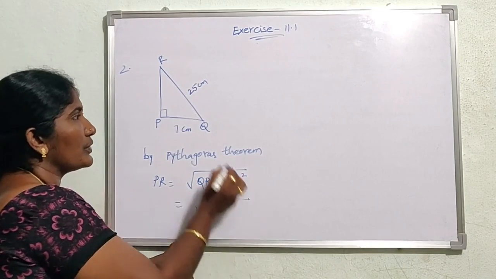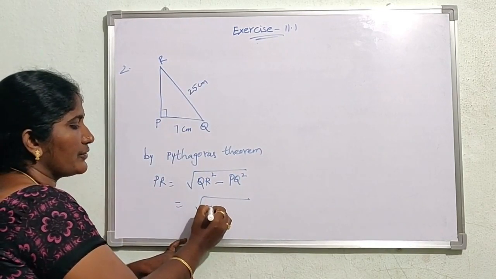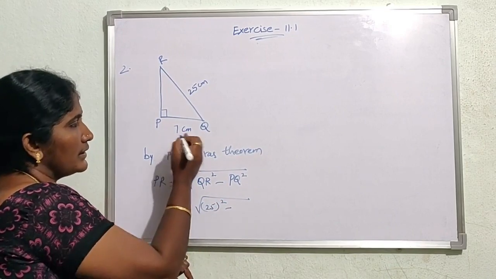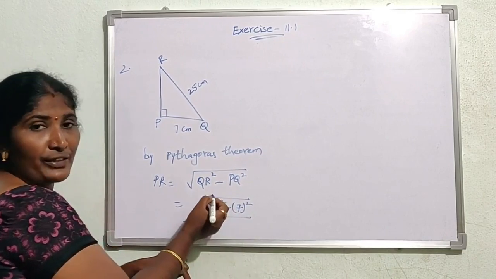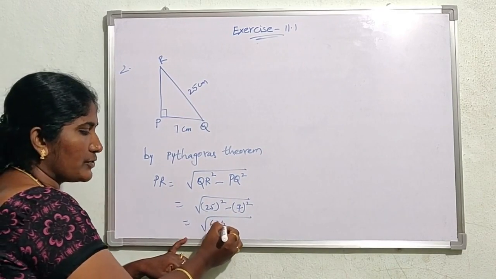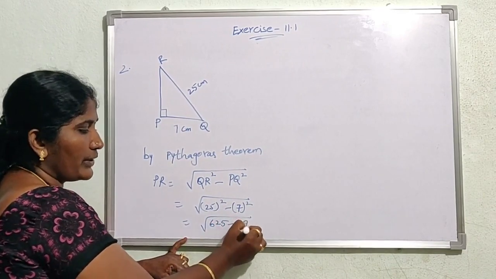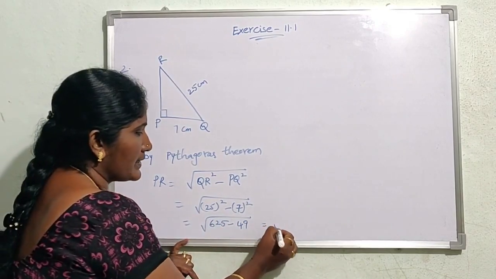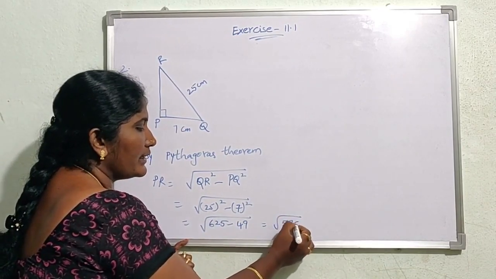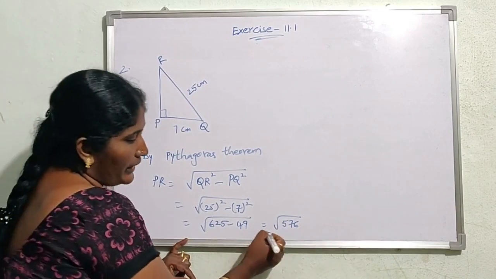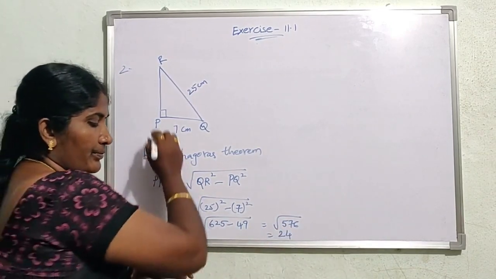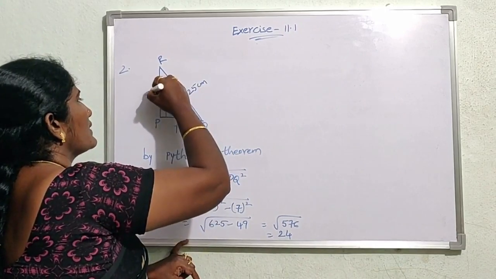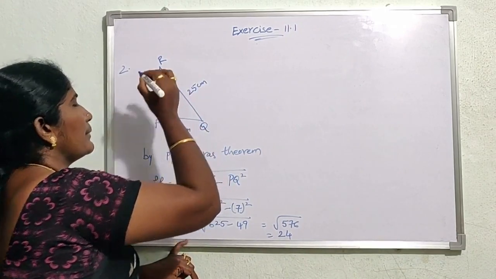Substitute the values. Root of QR 25 square minus PQ 7 square. 25 square is 625 minus 7 square 49, which is equal to root of 576. Square root of 576 is 24. So PR is equal to 24 centimeters.